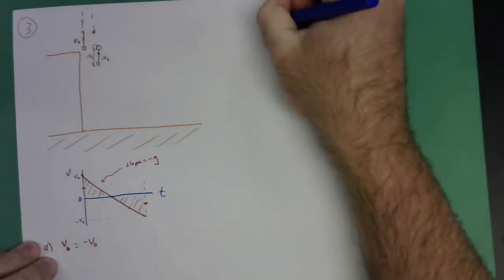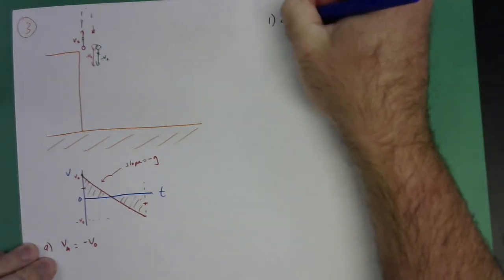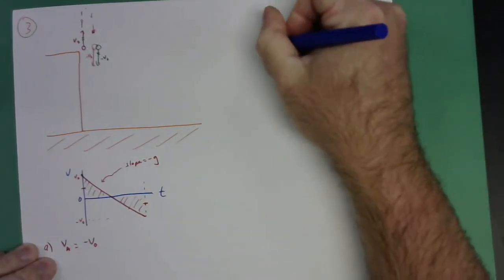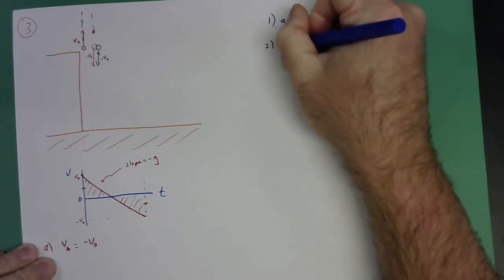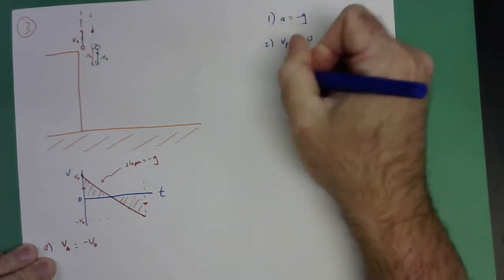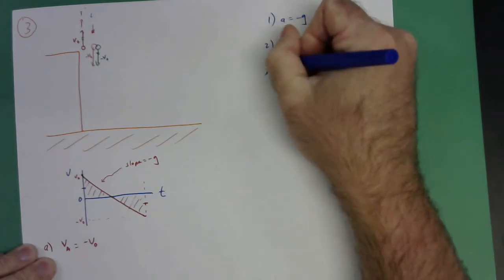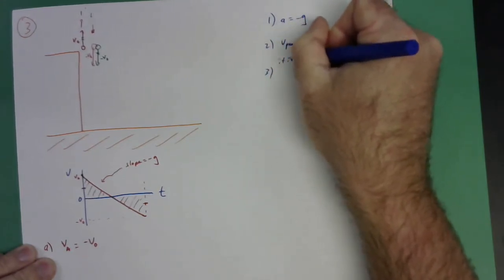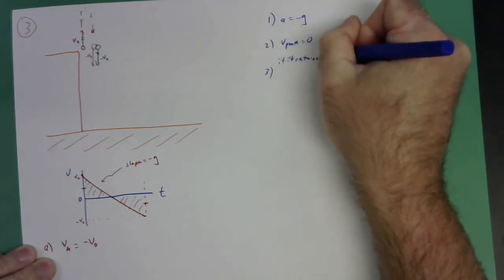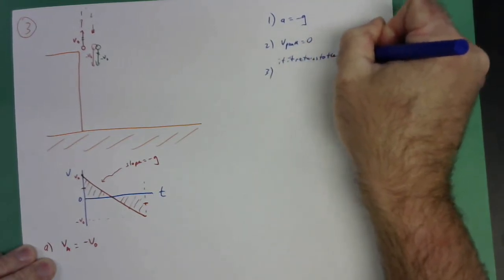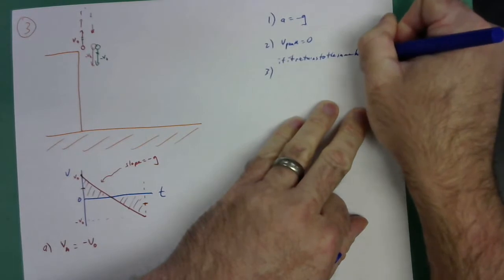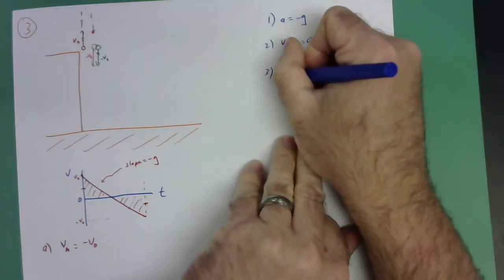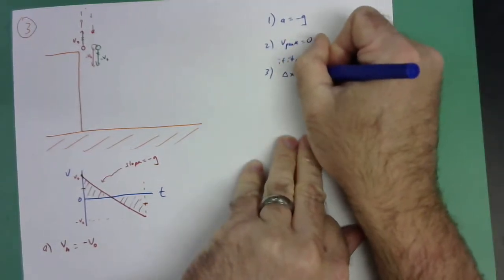If I run through them, 1, we remember that the acceleration is negative g. 2, we remember that the velocity at the peak is 0. Number 3, if it returns to the same height, then by definition, the total displacement is 0.